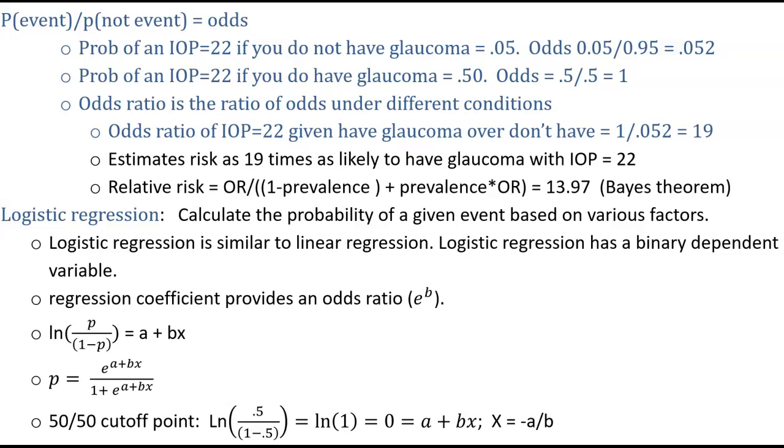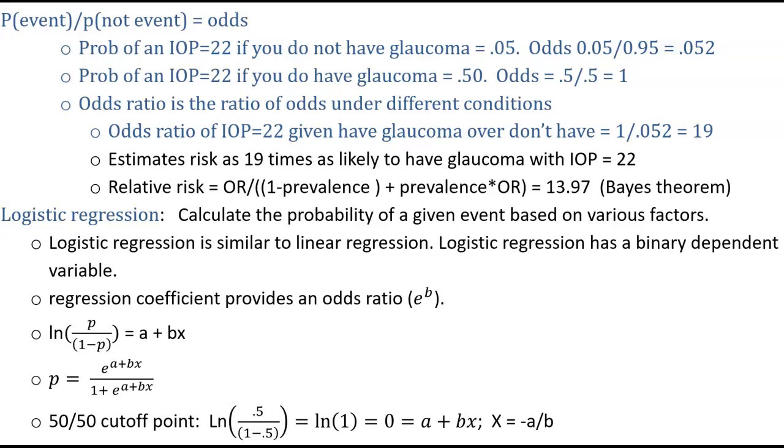So 0.5 over 1 minus 0.5 is 1, and the log of 1 is 0. Then 0 equals a plus bx, or x equals minus a over b. So we solve for x given that our probability of having glaucoma is at the threshold of 0.5. If you're higher than 0.5, we say you have glaucoma. If you're less, we say you don't. That's the predicted value. That's not what you actually have.